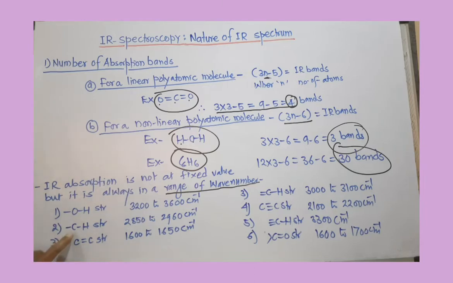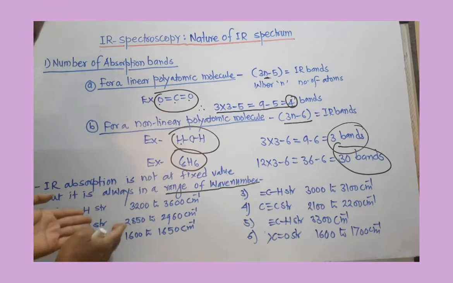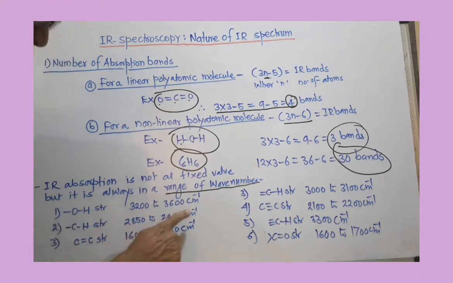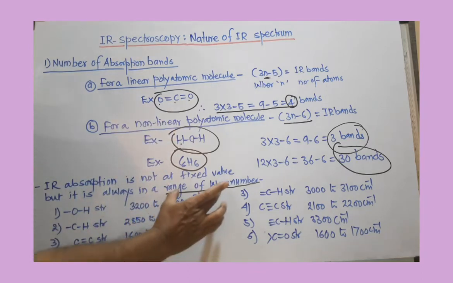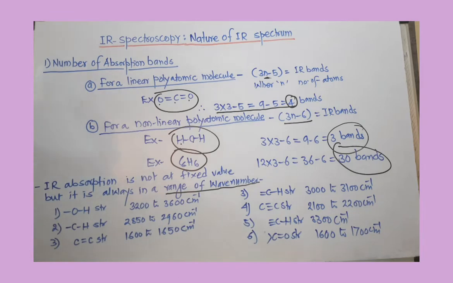Then I have taken another example, CH stretching, where the carbon is sp3 hybridized, meaning all bonds are single bonds. For this bond you get absorption between 2800 to 2900 centimeter inverse. So you just remember that range.